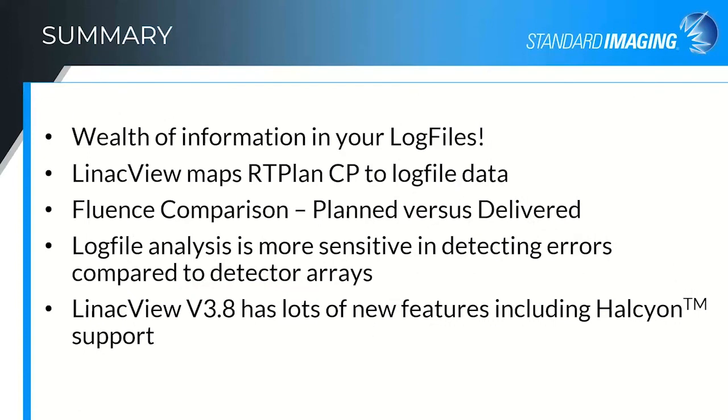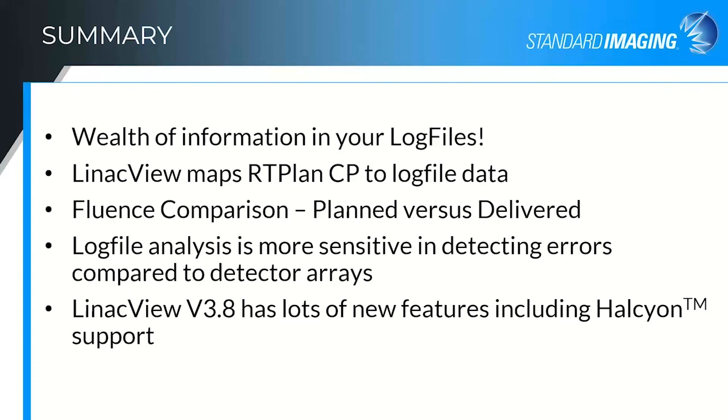So in summary, I hope that I have convinced you that there's a wealth of information available for analysis within your log files. LinacView software maps RT plan control points to log file data. Gamma analysis of the fluence calculated from the plan and log files is used to automatically generate alerts in case of plan failure.